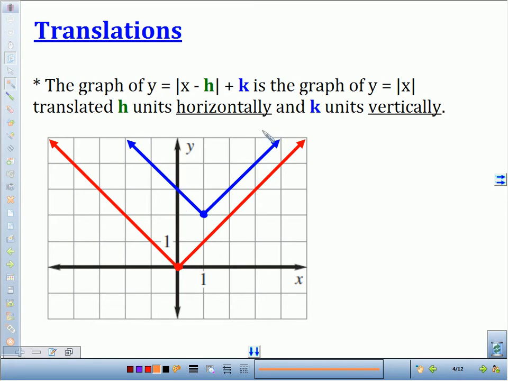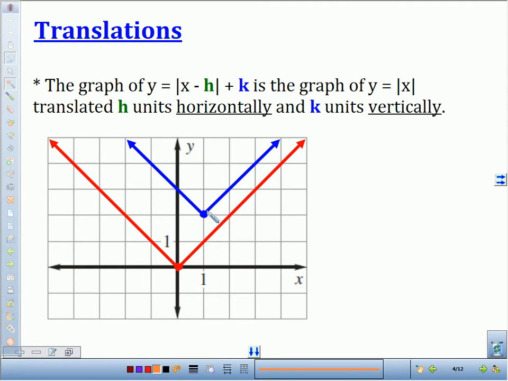The new function has a vertex at the point (2, 1), and it still has slopes on either side of 1 and negative 1. Since the slopes didn't change, the graph is still the same shape.